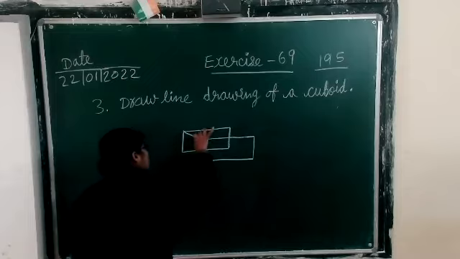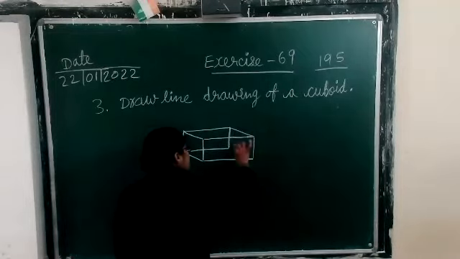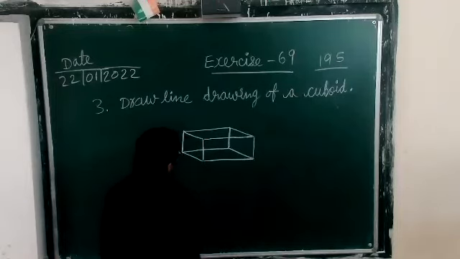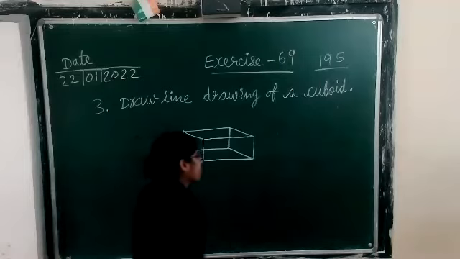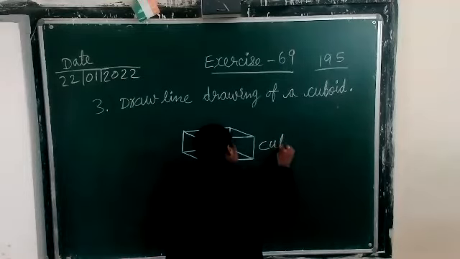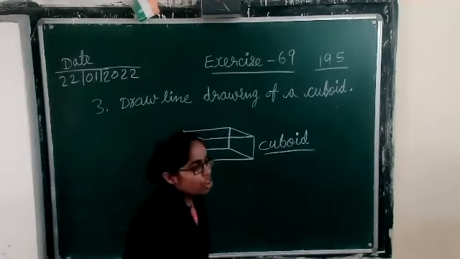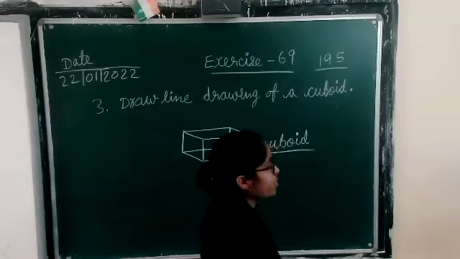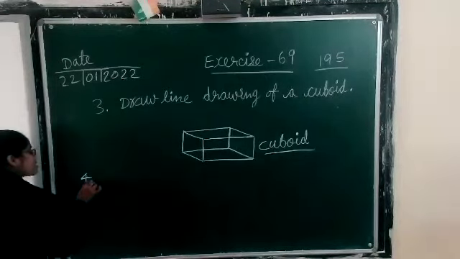Then join the vertices of the rectangle. This is what is called the cuboid. This is the answer for the third question.